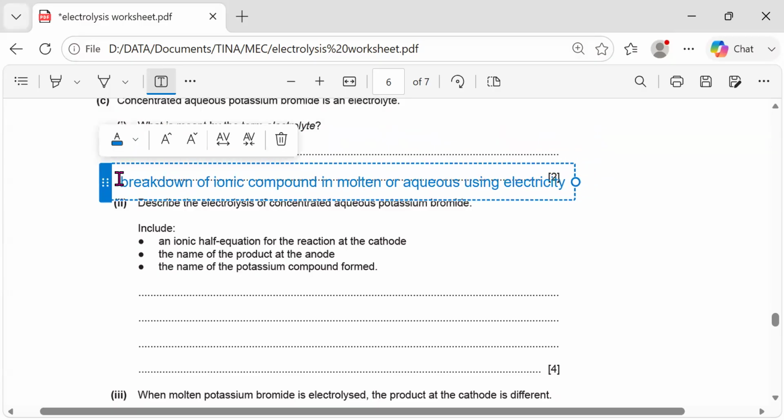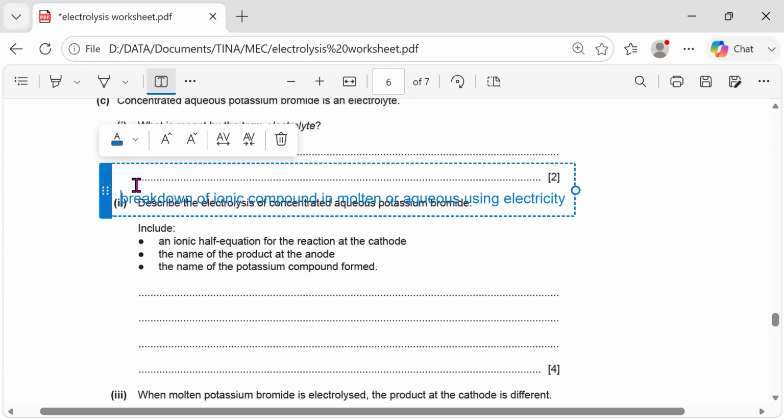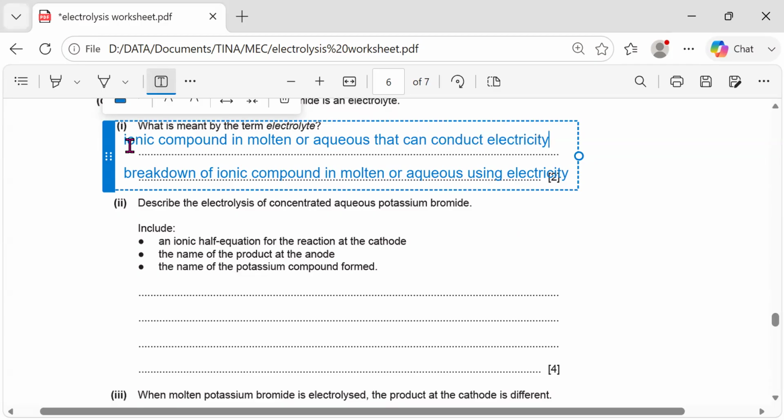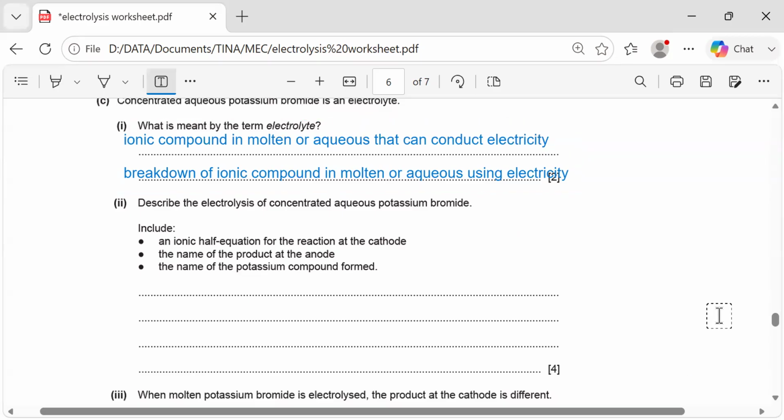This is electrolysis. Wait, excuse me. So that's for electrolysis. Electrolyte is the other way around: ionic compound in molten or aqueous that can conduct electricity. This one is for electrolysis, sorry. Okay.